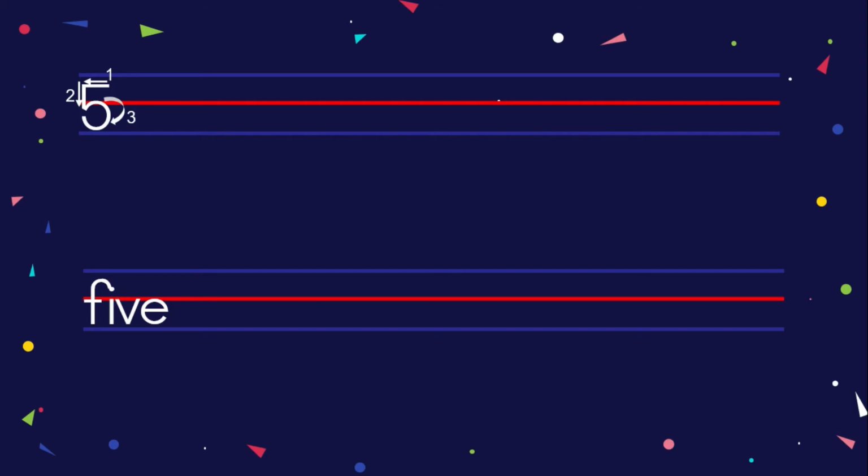Okay, so let's try to trace these broken lines. So first, vertical line, small horizontal, and small curved line. Okay, again, vertical, horizontal, curved line. That's how you're going to write the numeral 5.